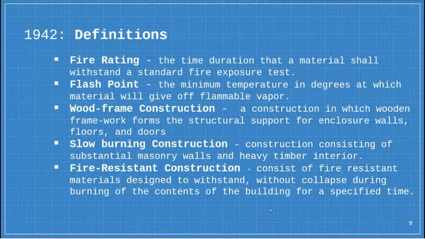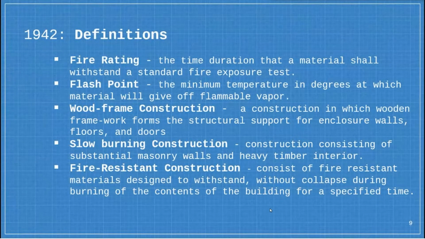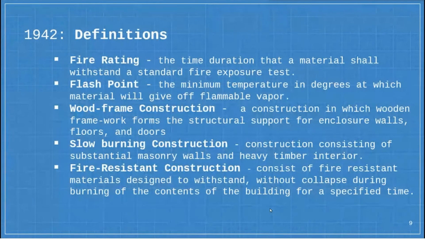Slow burning construction, construction consisting of substantial masonry walls and heavy timber interior. Next, fire resistive construction consists of fire resistant materials designed to withstand, without collapse, the burning of the contents of the building for a specific time.